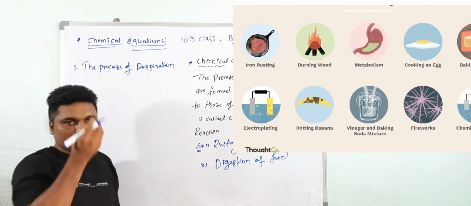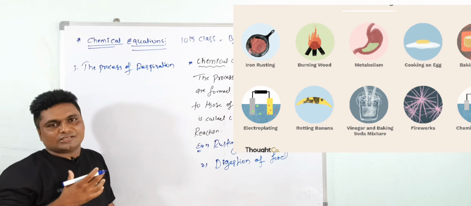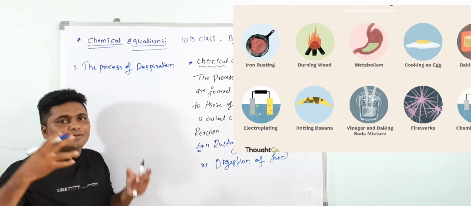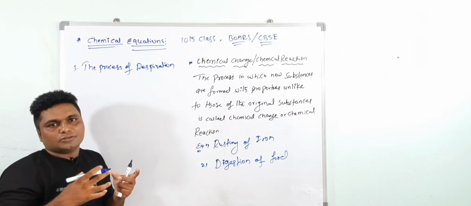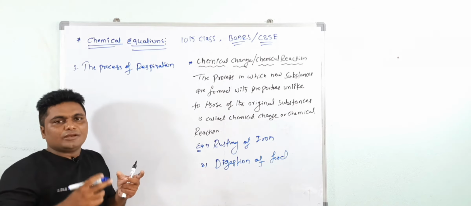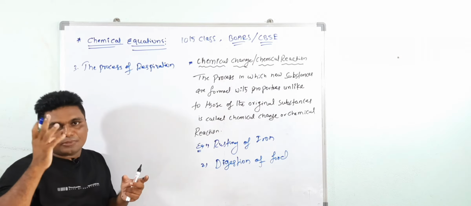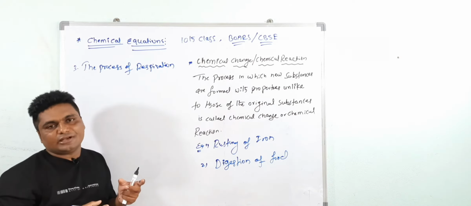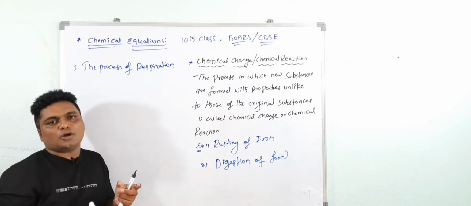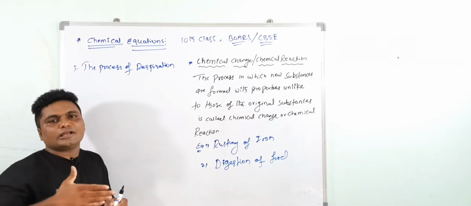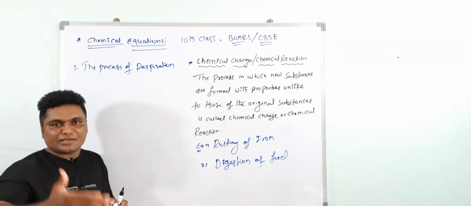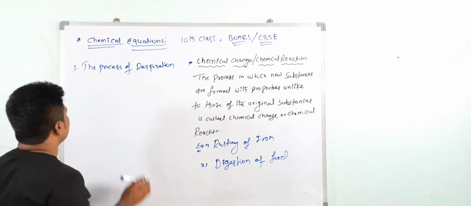When you breathe, the oxygen enters into your lungs. In the lungs, the hemoglobin binds with the oxygen. The hemoglobin takes the oxygen to our cell organelles, the mitochondria. In the mitochondria, an oxidation reaction takes place. That is the burning of glucose molecules, and you get the energy. This is also a chemical change. That is the respiration process.